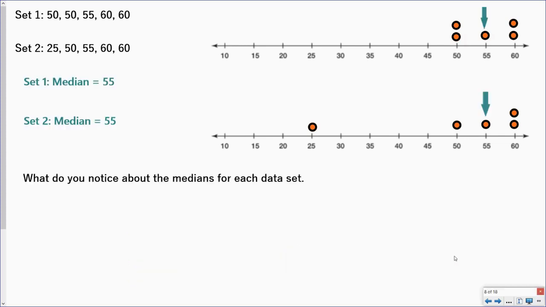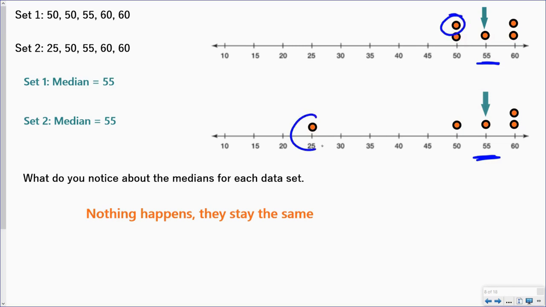Let's take a look at the median of these two data sets. What do you notice about the medians for each data set? Well, I notice that nothing happens. It stays the same. This one stays at 55, and this one stays at 55. So nothing's happening here, even though I moved this data point out to here.